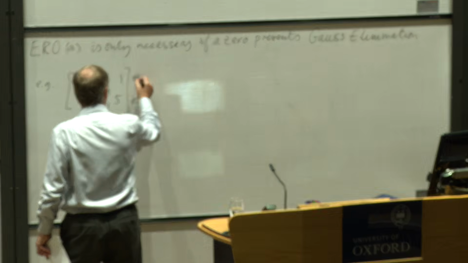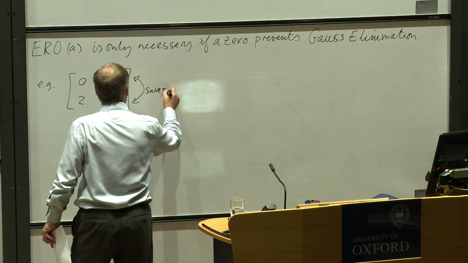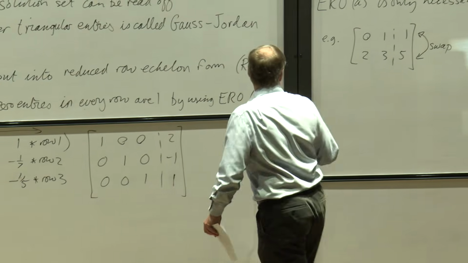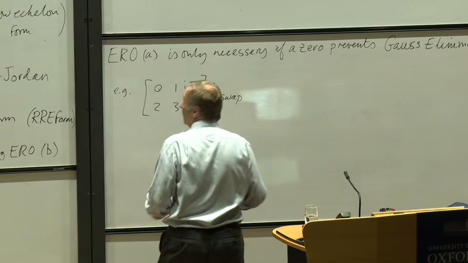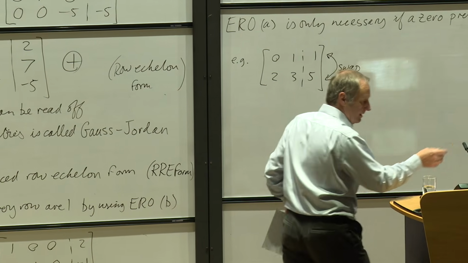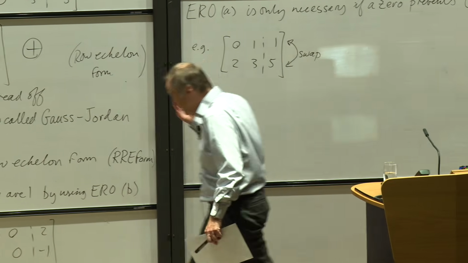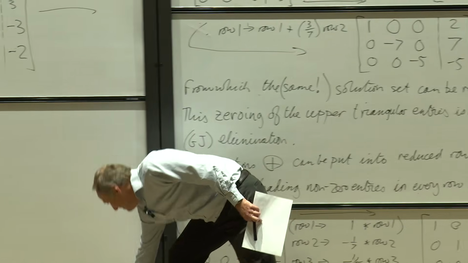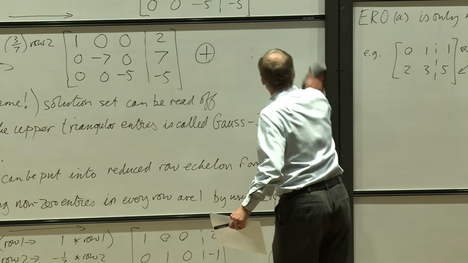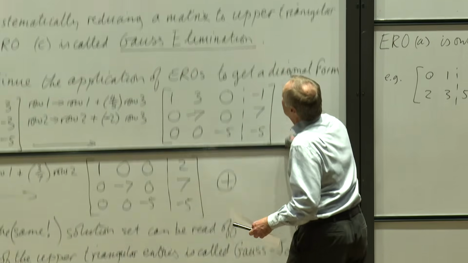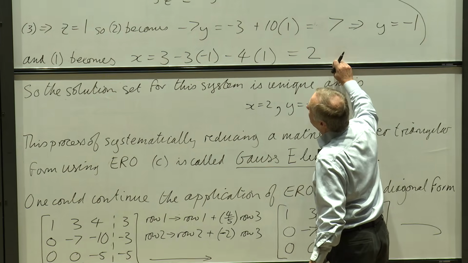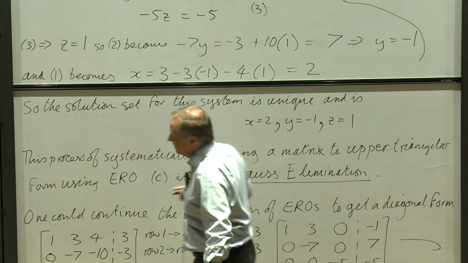That's EROA. You swap the 2 equations. And then it's already in upper triangular form. I'm sorry, I should be a little bit careful with my nomenclature. I think upper triangular, lower triangular, and so on is easier, but this isn't row echelon form, I'm sorry. The row echelon form is precisely this form, the upper triangular form.